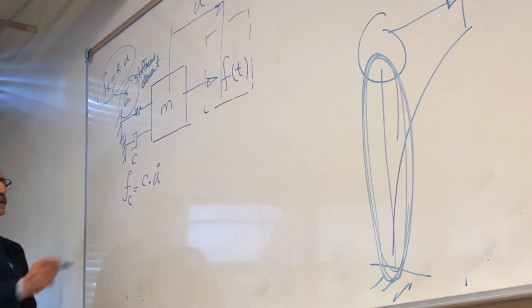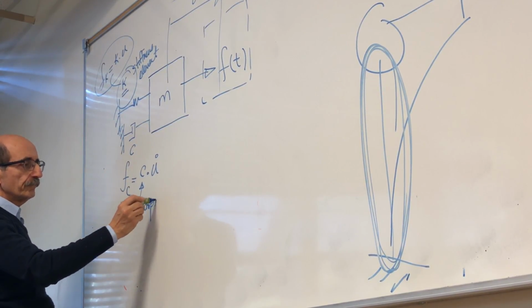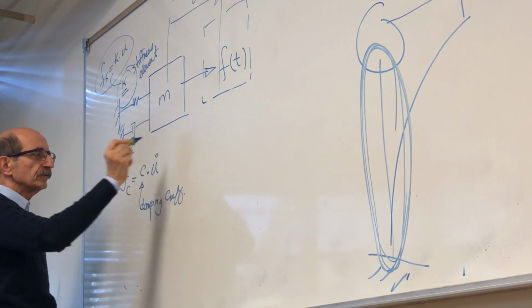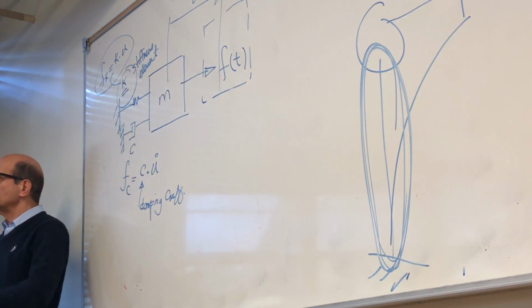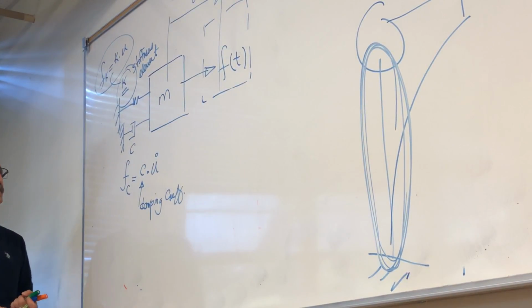A constant that we call the damping coefficient times the velocity. Don't ask me why, it's just an assumption. It's not a good assumption, but it's a working assumption.